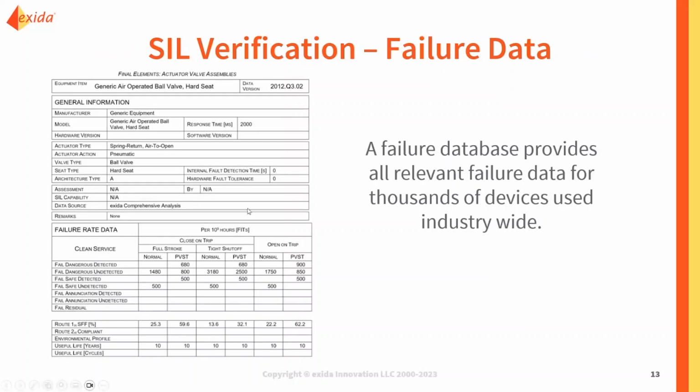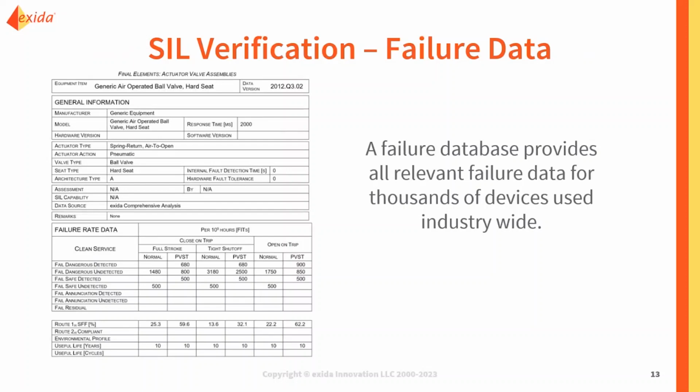We also have things shown here like safe failure fraction and useful life. The useful life should be used as a basis for your mission time. You can see response time up here, which is calculated by the tool along with the other results. And you can see the data source. Many of the data sheets you'll see are FMEDA analysis done by exida, done by other sources, or comprehensive analysis.